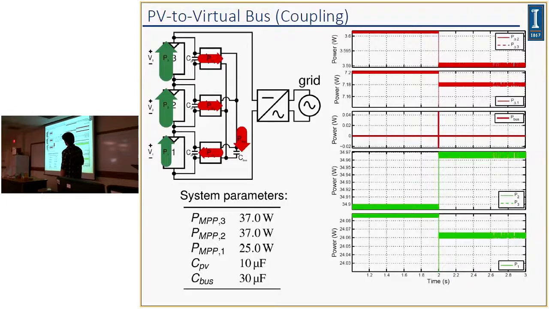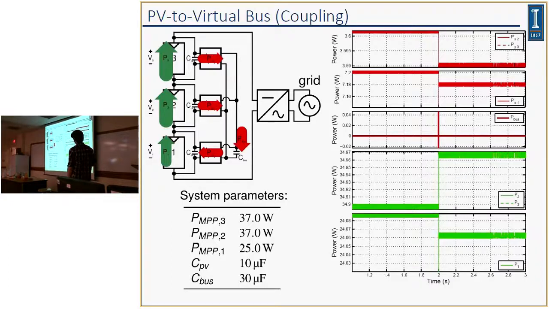And I set the characteristics of all these three panels such that 3 and 2 are equal. The maximum power point power of 3 and 2 is 37 watts, and the maximum power point power of submodule 1 is 25 watts.